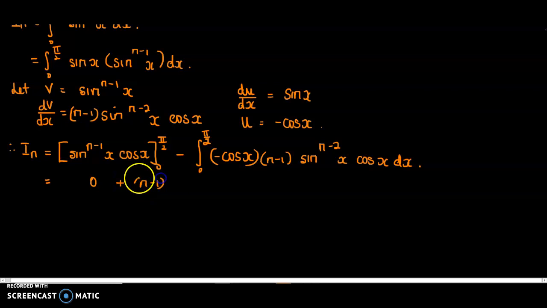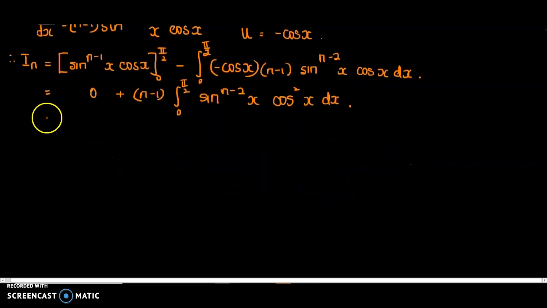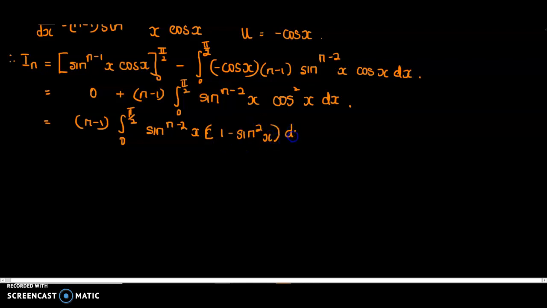So this is n minus 1, the integral between 0 and pi on 2 of sine n minus 2 x cos squared x dx. Which reduces to now n minus 1, and we know that cos squared x is 1 minus sine squared x. So we're going to use that substitution, and let's simplify.